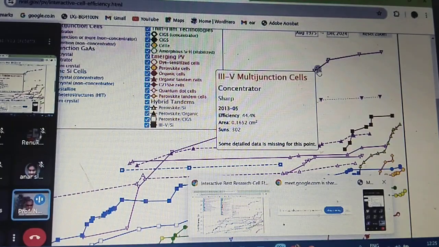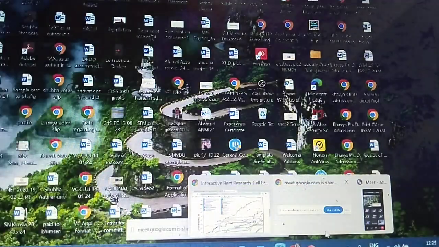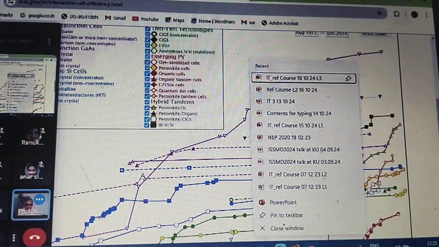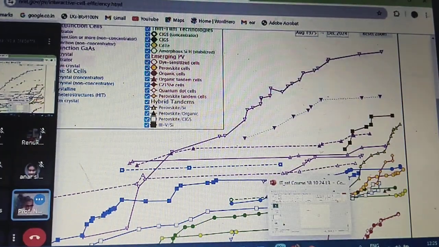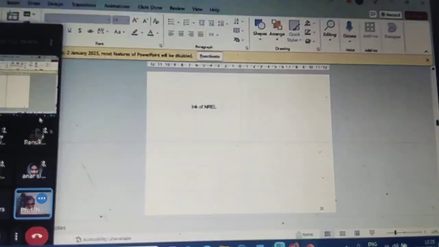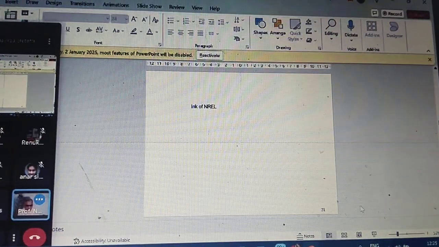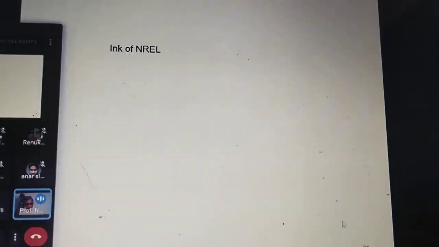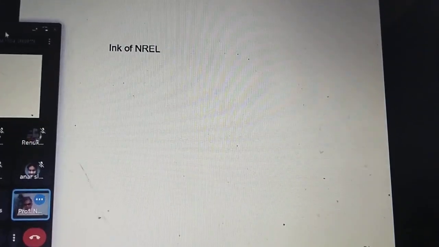And what is the status? This chart is updated six monthly by an NREL organization. If you are interested, you can have a look at it and can know the status, right?